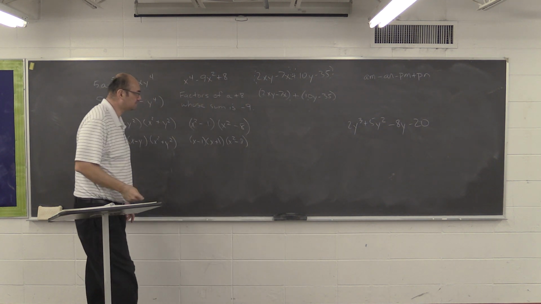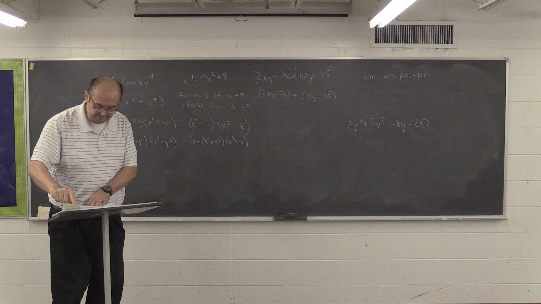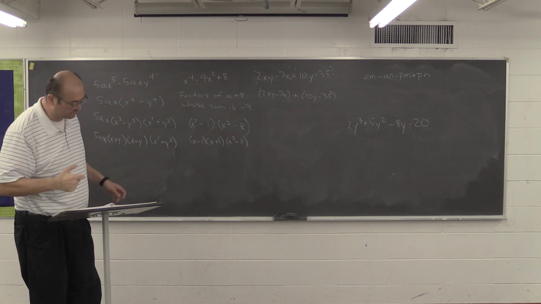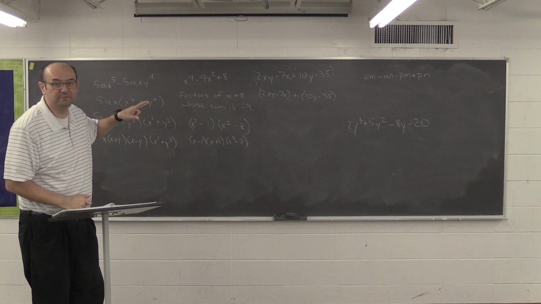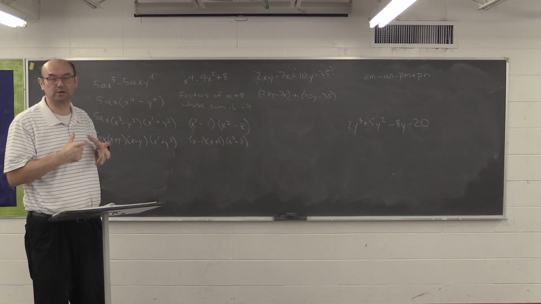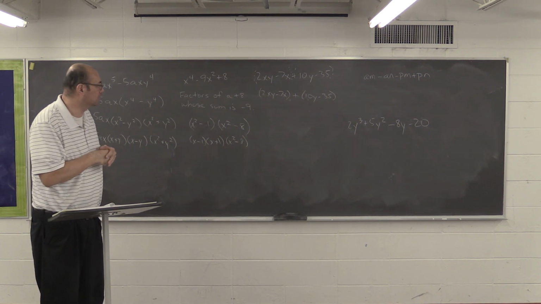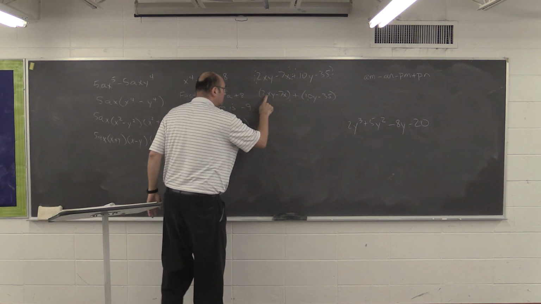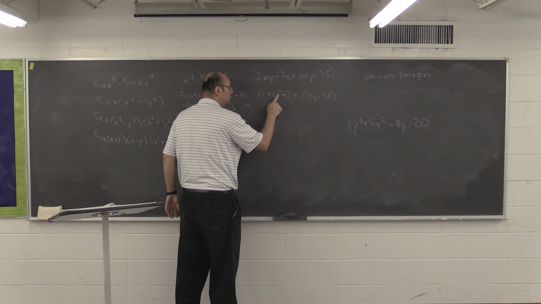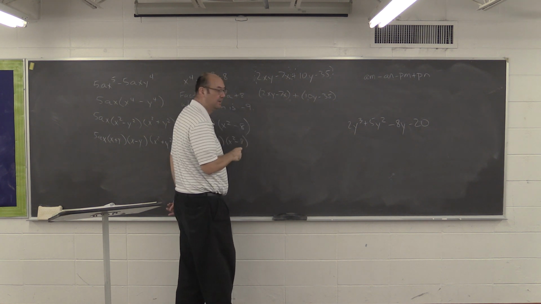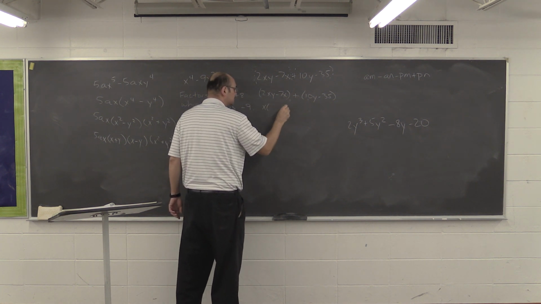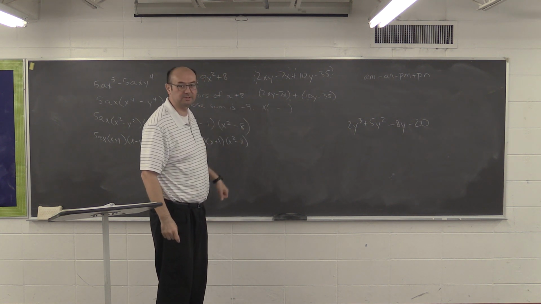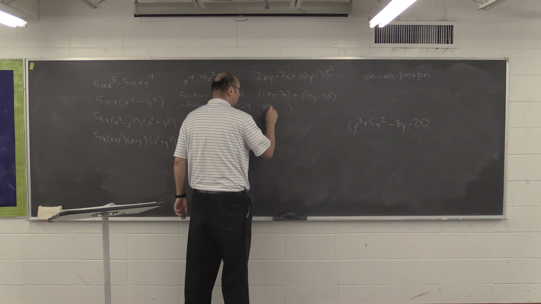Because we've got two sets of binomials, we look at them and see what we can pull out. We look at the first: 2 and 7 we can't, but notice there's an x in each one. If we pull out that x, x times what gives us 2xy? Well, that would be 2y.